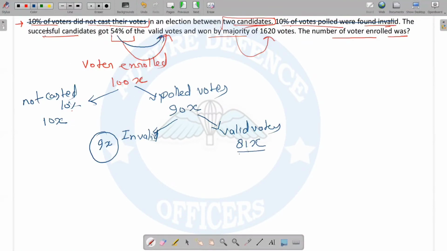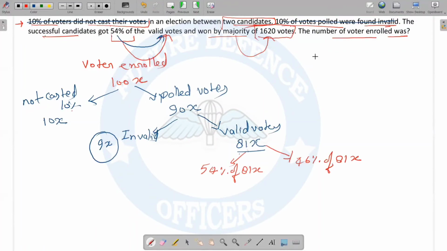Valid votes are this much, and the successful candidate gets 54% of 81x, while the other person gets the remaining 46% of 81x. Now you could calculate 54% and 46% separately, then take the difference, because the majority is 1620.